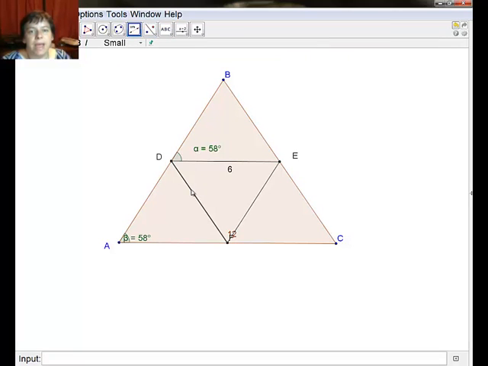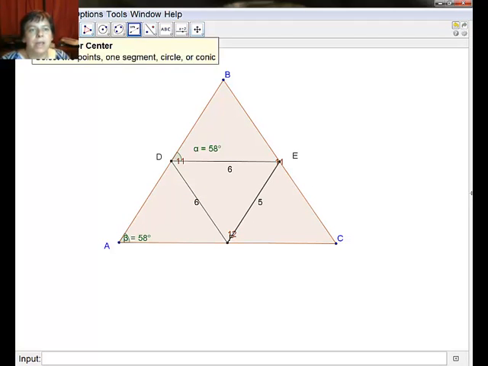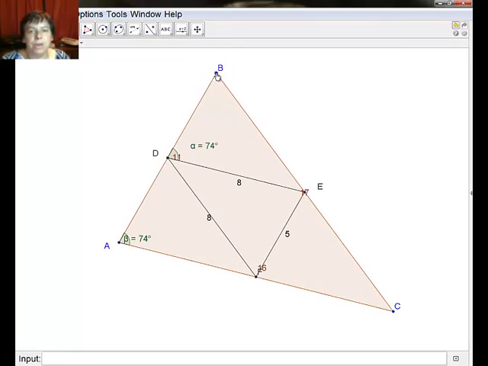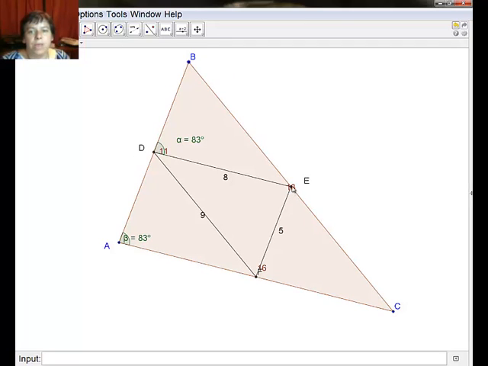So if I do the length here and the length here, whoops, I hit the perimeter, the length of that one, and then the length of here and here, and stretch out my triangle, you'll see that there's this sort of relationship that occurs with the lengths.